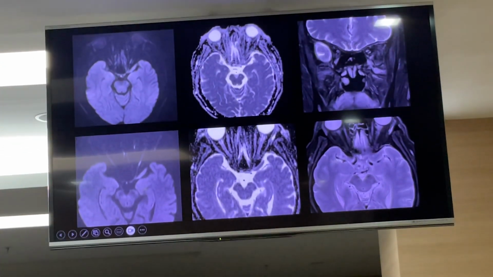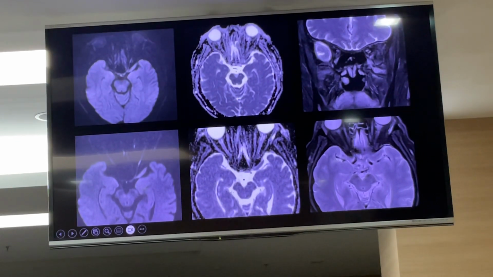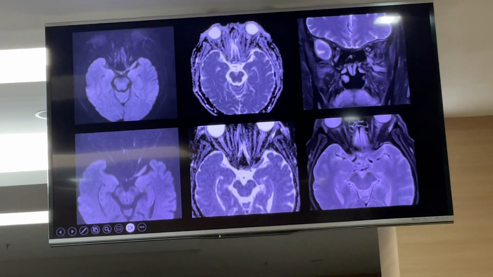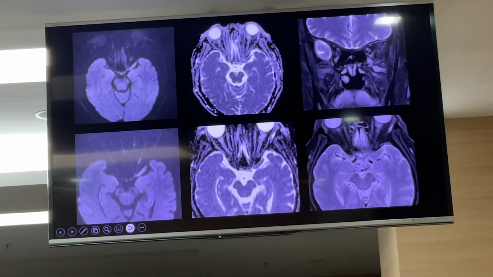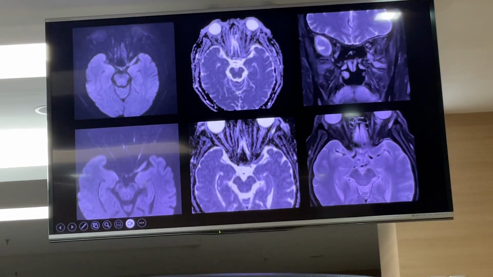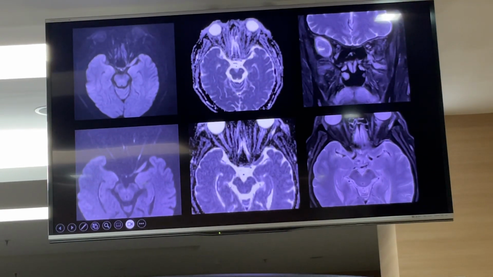So this patient suffered from left visual loss for a while. You can see there is T2 hyperintensity at the left optic nerve with maybe high signal intensity over the diffusion image, but the ADC map is sort of like an artifact, right?